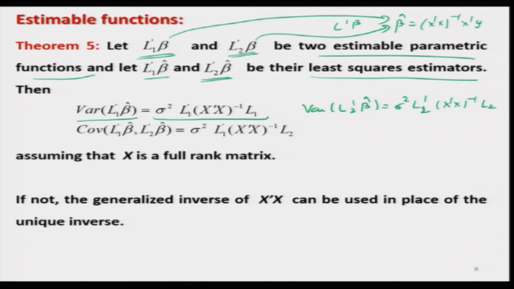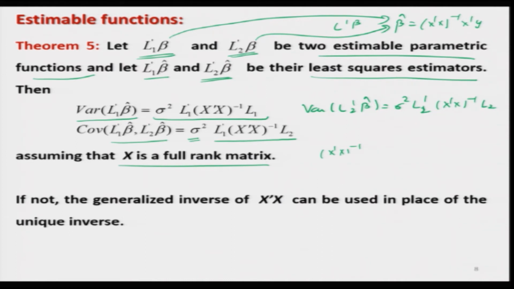And the covariance between L1 transpose beta hat and L2 transpose beta hat is sigma square L1 transpose (X transpose X) whole inverse L2. Here we are using the term (X transpose X) whole inverse, so we have to assume that X is a full rank matrix, so that this inverse exists.